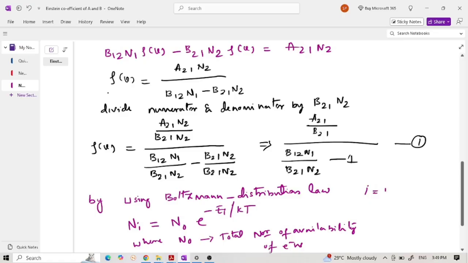Considering i equal to 1, this becomes N1 is equal to N naught e raised to minus E1 divided by KT.